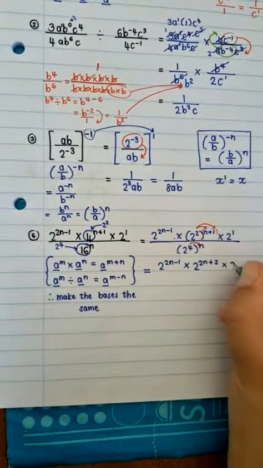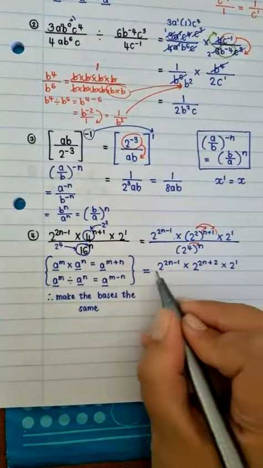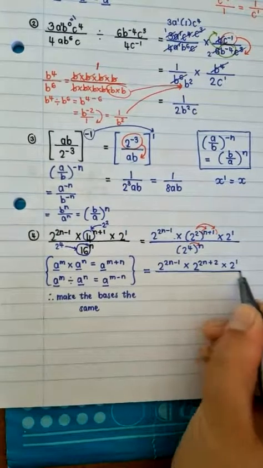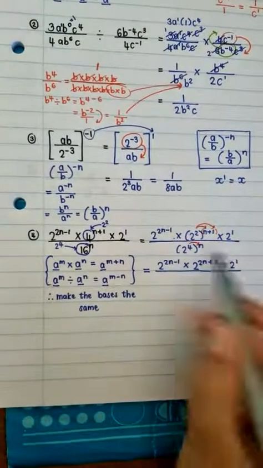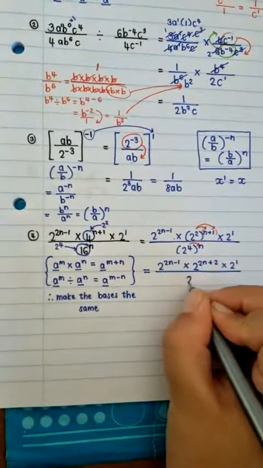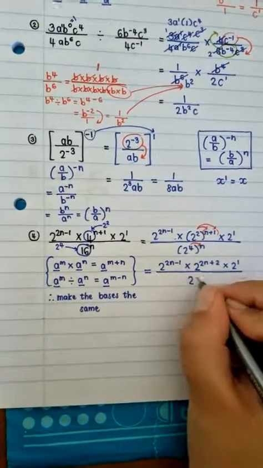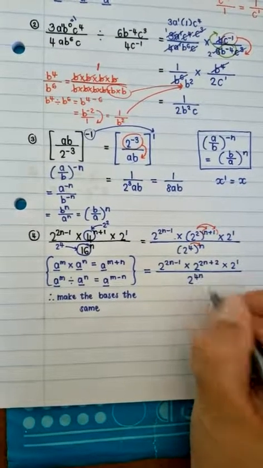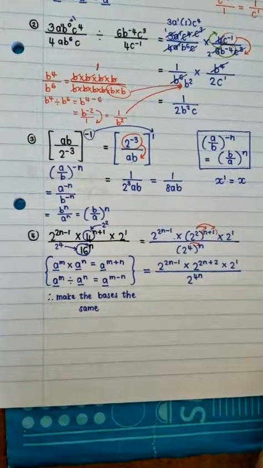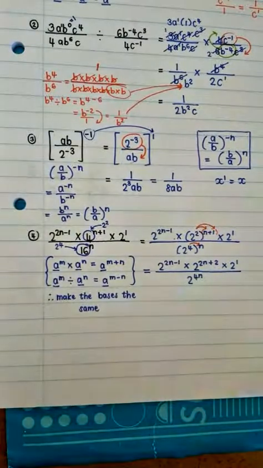And then times 2 to the 1. Okay, so now we don't have brackets left in the numerator. That's good. At the bottom here we have 2 to the power of 4 times n is 4n. Okay, we've gotten rid of all of our brackets. Guys, doesn't that look nice? We have all bases of 2. Okay, so we can start working from there.